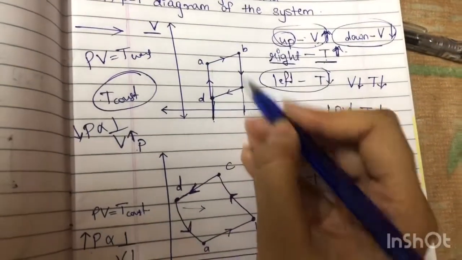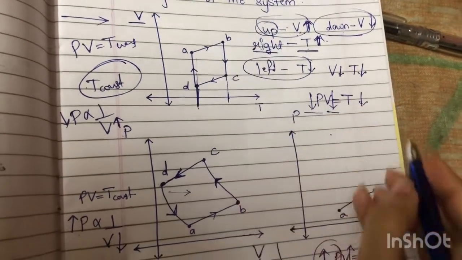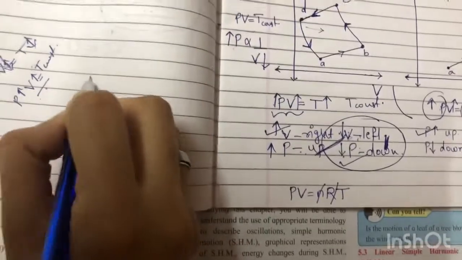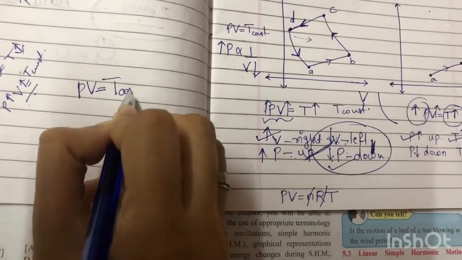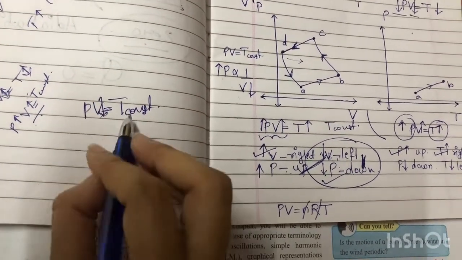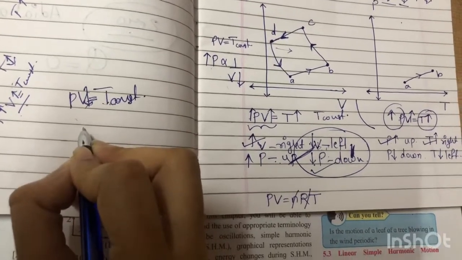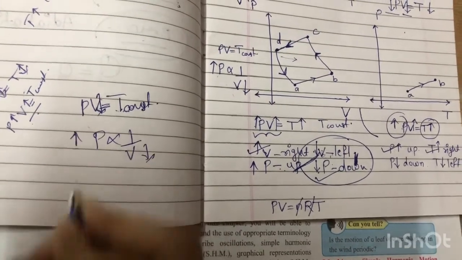Now next is B to C, that is temperature constant and volume is decreasing. Here I'll write PV is equal to T, temperature constant and volume is decreasing. If volume is decreasing, what will happen? If temperature is constant, P is inversely proportional to V, so as volume decreases, pressure will increase.